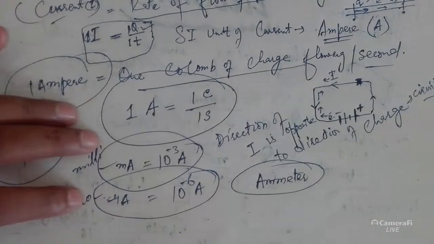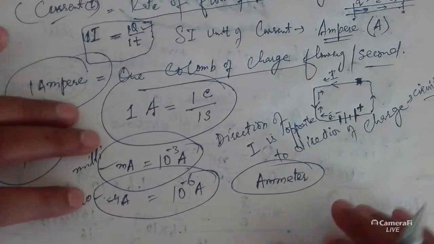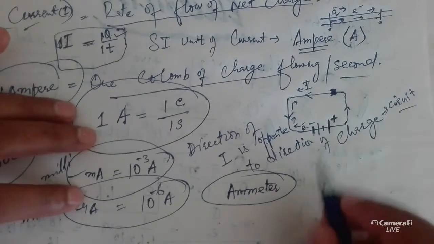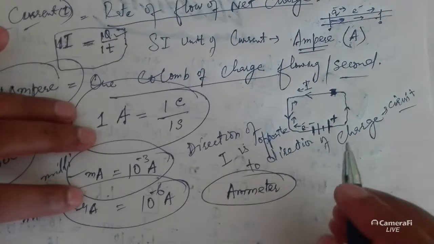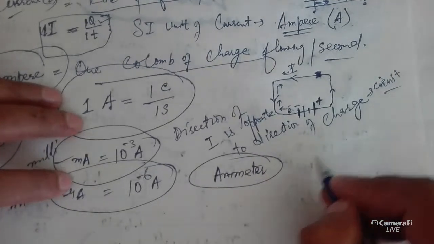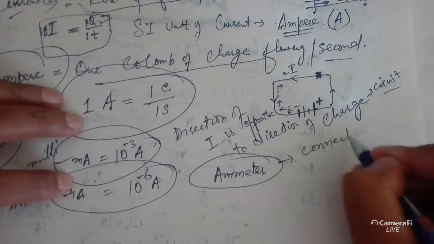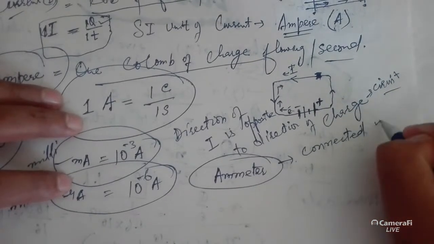This ammeter is an instrument used to measure the electric current in a circuit. So it is always connected in series. We have to be very careful about this. Ammeter is always connected in series in a circuit.